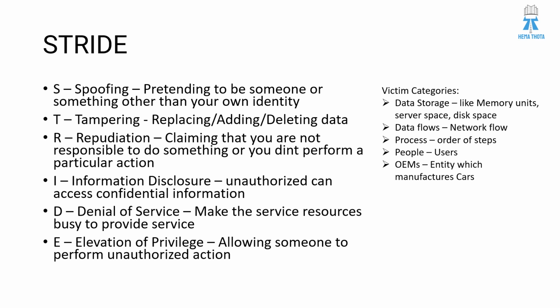Elevation of privilege is the next category. It means allowing someone to perform an unauthorized action. For example, you are an admin of a tool, and you provided all the users with admin access, which happens sometimes.